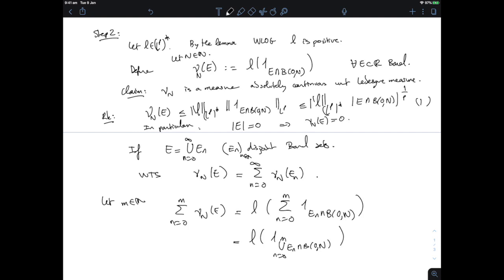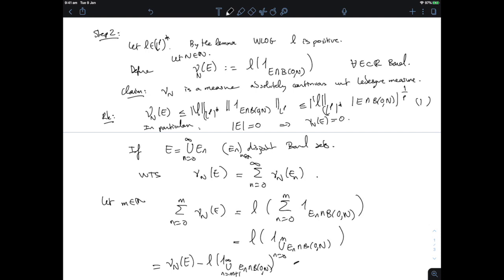And now this is equal to nu n of E, the infinite union, minus L of the indicator function of the union for n going from m plus 1 to infinity. Now, whatever that thing might be, it's non-negative because L is a positive linear functional.